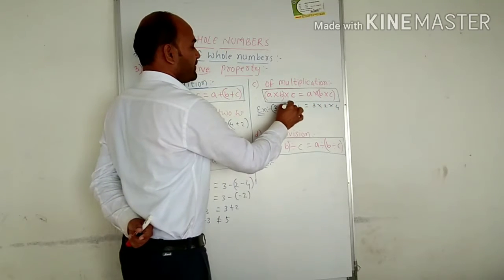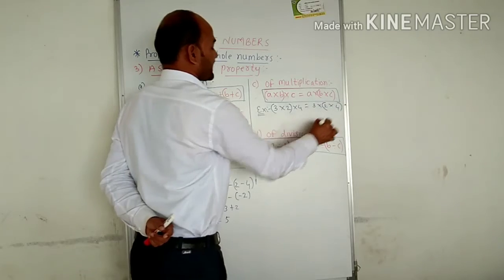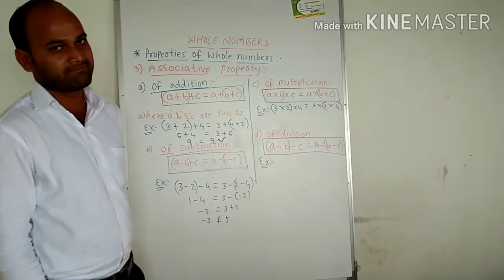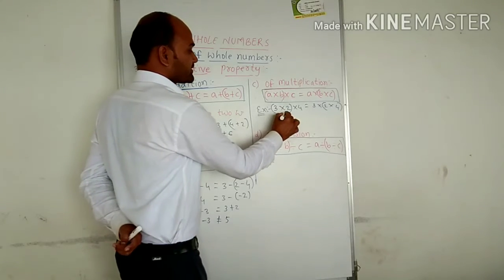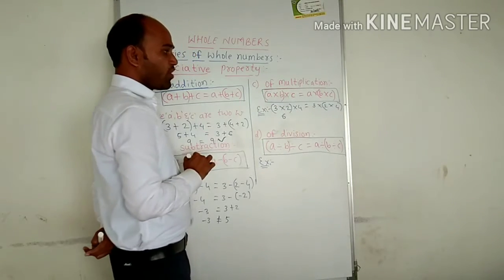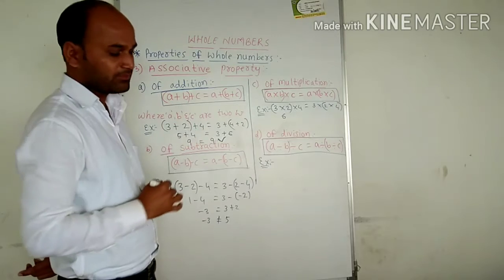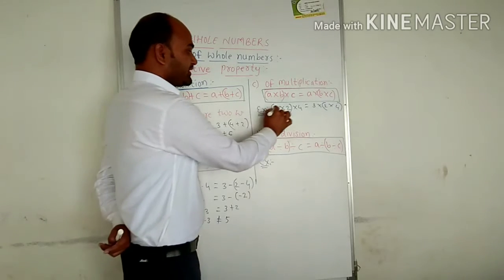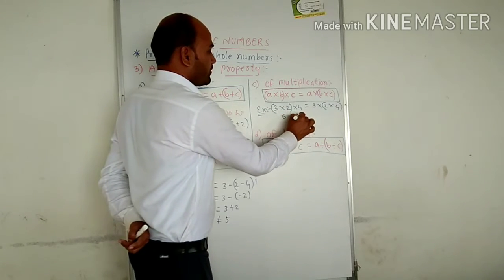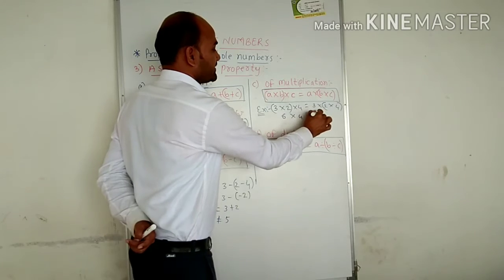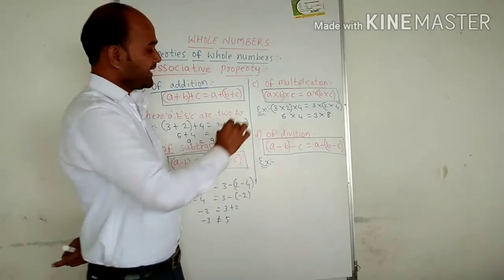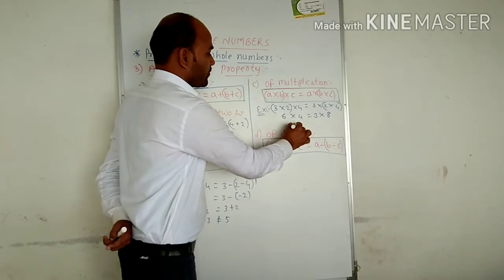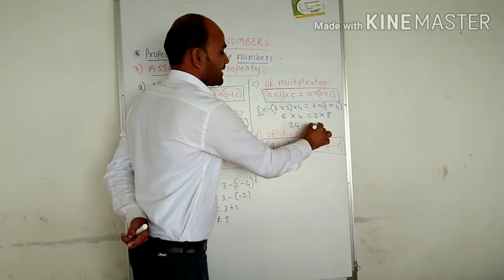Either you can group it first or second, and the answer remains the same. Let me see whether it satisfies or not. 3 2s are 6, as we have to solve the bracket first according to the BODMAS rule. 6 into 4, which equals 3 multiplied by 2 4s, which are 8. Here 6 4s are 24 and here 3 8s are 24.